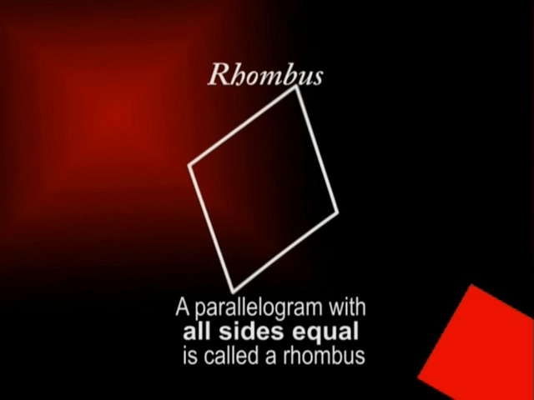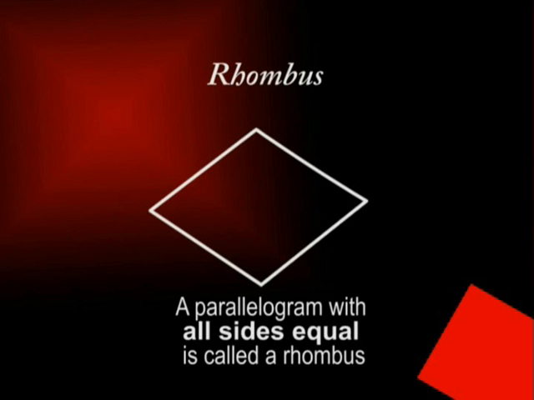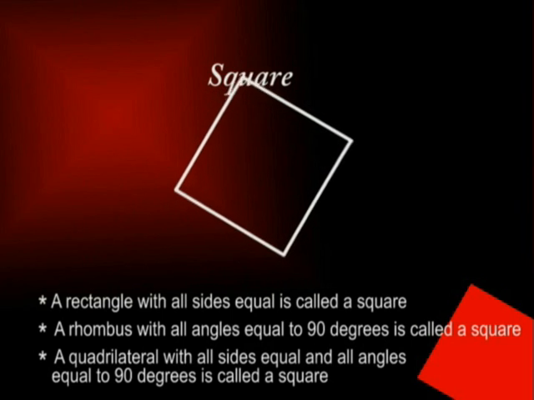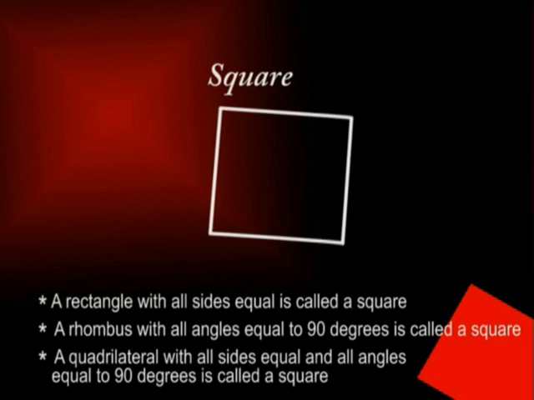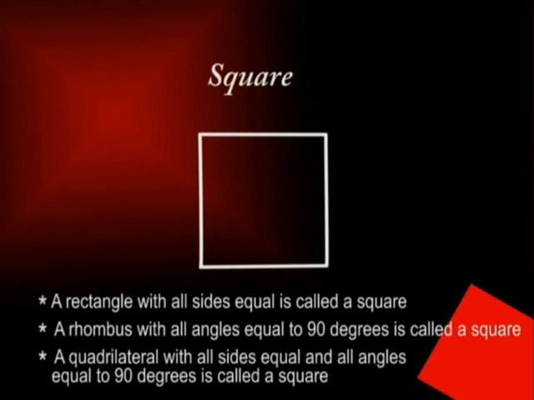A parallelogram with all sides equal is called a rhombus. A rectangle with all sides equal is called a square. Or a rhombus with all angles equal to 90 degrees is called a square. A quadrilateral with all sides equal and all angles equal to 90 degrees is called a square.